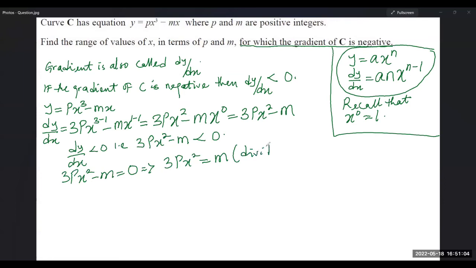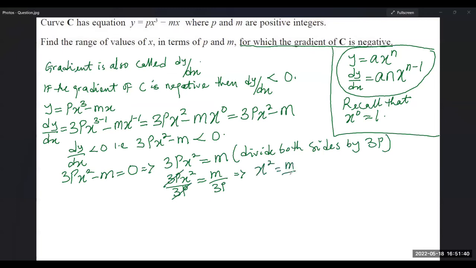Divide both sides by 3p. 3p x squared divided by 3p will be equal to m divided by 3p, which implies x squared equals m over 3p.